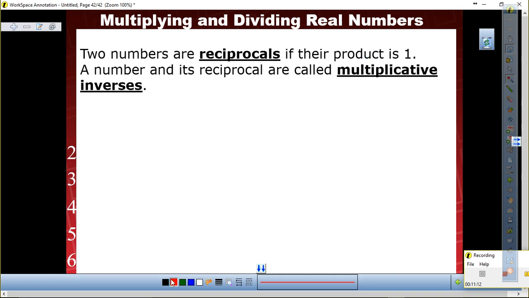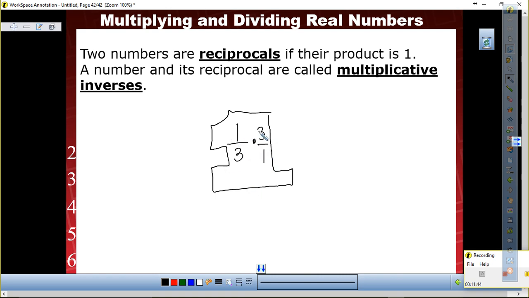If I gave you 1/3, the product of this one and another number should give me a 1. So 1/3 times what gives me 1? Yeah. 3 or 3/1. It's a reciprocal.